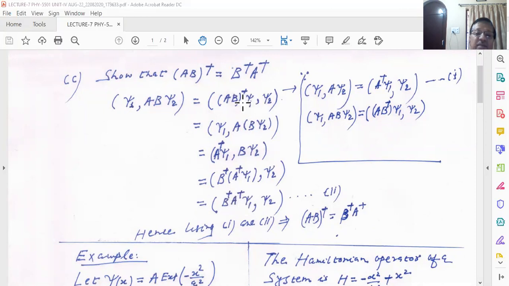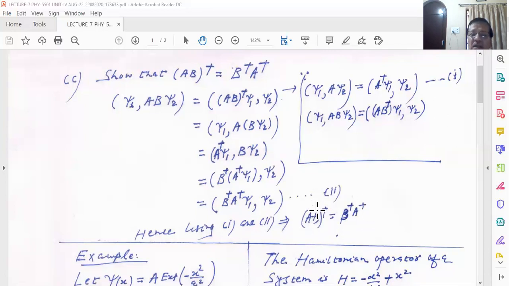So one can compare these two scalar products because they are equal, and write AB dagger is equal to B dagger A dagger. That means the Hermitian adjoint of the operator product AB is simply the product of the Hermitian adjoint of B with the Hermitian adjoint of A. And this is a very important result which you have to remember.